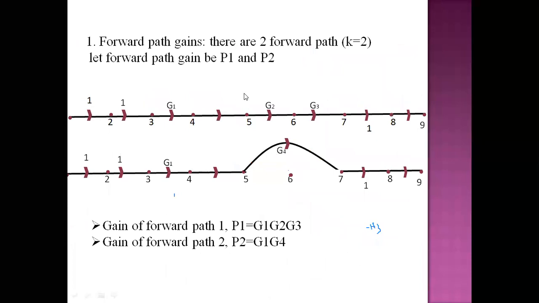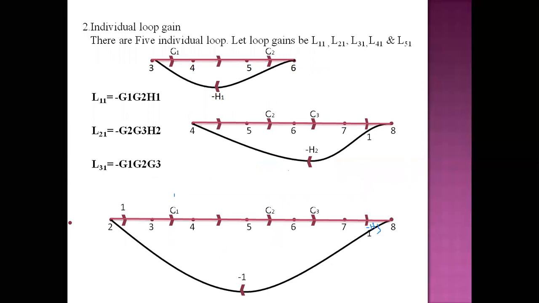So as we already found that there are two forward paths, its corresponding path gains are, for the first forward path the gain is G1, G2, G3. For the second forward path, the gain is G1, G4. Next are the loop gains.